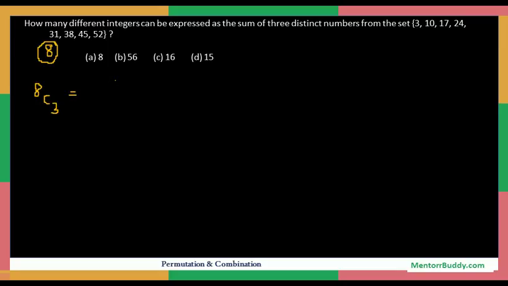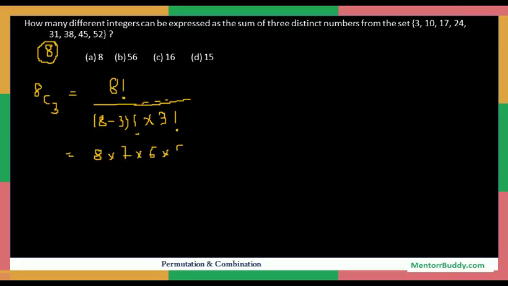8C3, which can be solved as 8 factorial upon (8 minus 3) factorial into 3 factorial. 8 factorial can be written as 8 into 7 into 6 into 5 factorial, and 8 minus 3 is again 5 factorial, and 3 factorial is 3 into 2 into 1.